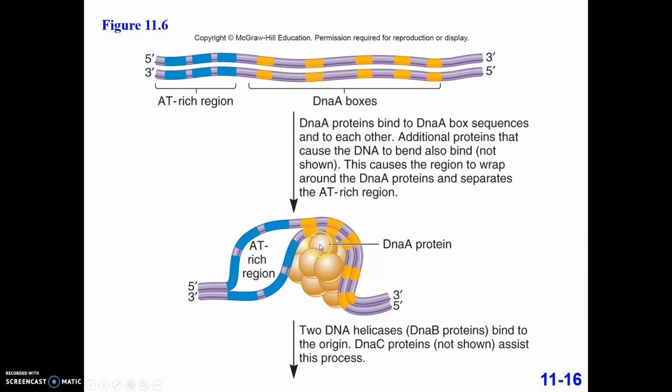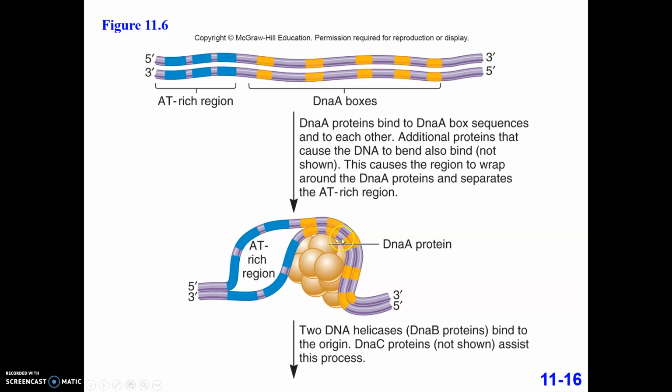So there's something in DNA A that fits into that major groove, makes contact with the sequences in these DNA boxes, and causes it to bind. As all of those bind in there, they also bind to each other. So DNA A binds to DNA at DNA A boxes, but also binds to other DNA A proteins.